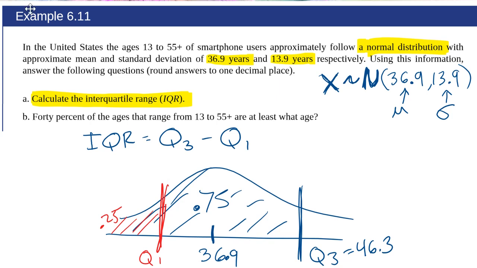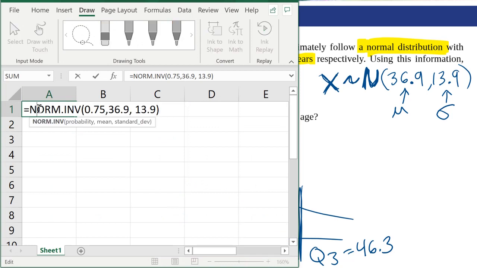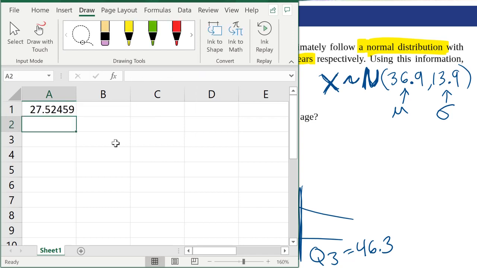Now to find the first quartile, I can just double click on this formula, and the only thing that I need to change is that 0.75, change it to 0.25. And there's my first quartile, 27.5.